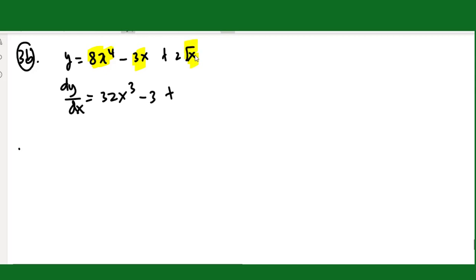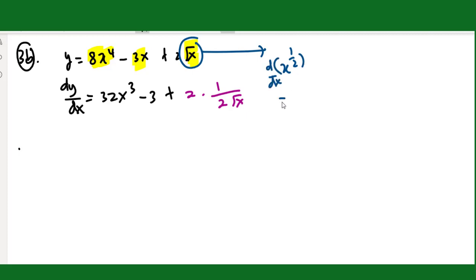is x to the power half, or directly differentiate, you get 1 over 2 third x. Change this one to x to the power half, then differentiate. The answer is 1 over 2 x to the power negative half, or 1 over 2 third x.